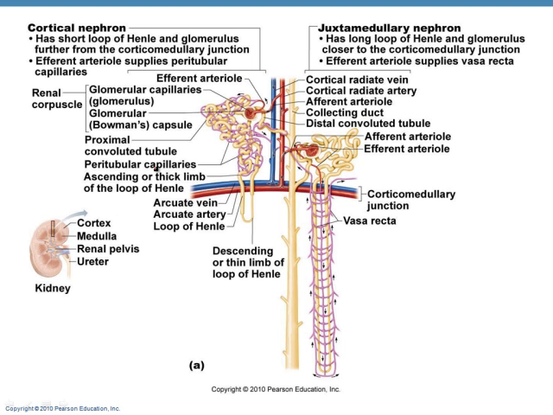One of them hangs out mostly in the cortex. Remember, the cortex is above those two blood vessels that are running horizontally. And then we have one type of nephron that has most of its apparatus hanging way down into the medulla region.